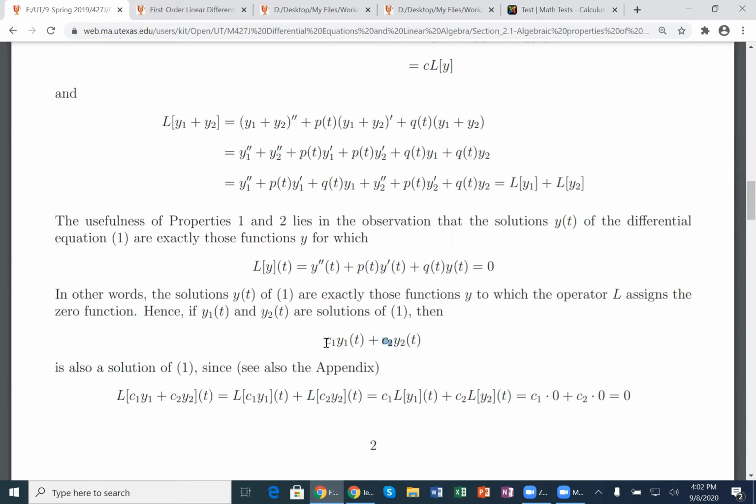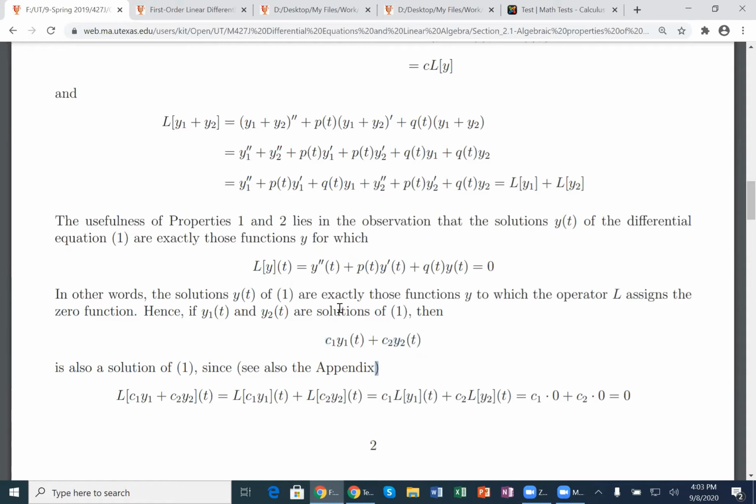By the way, we call this construction a linear combination of y1 and y2. So, in short, if y1 and y2 are solutions of this equation, then any of their linear combination is a solution again. Why is that? Well, here's what we do.